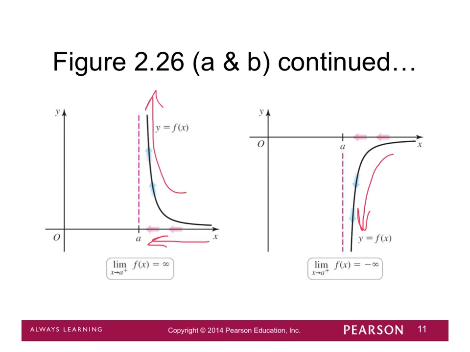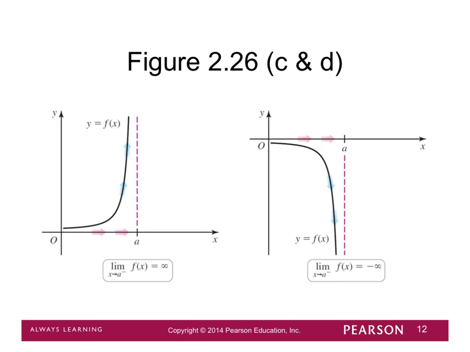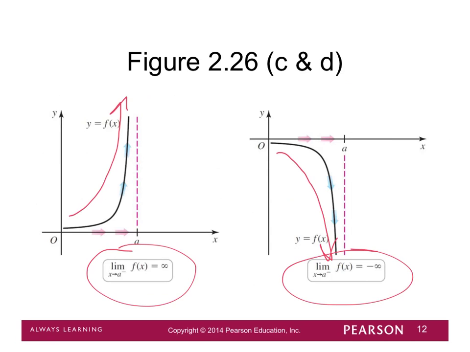And so we say the function approaches positive infinity in this situation, and it approaches negative infinity in this situation. And the same thing goes as we approach from the left. As we approach a, we're getting positively huge, and over here, as we approach a, we get negatively huge. So we say the one-sided left-handed limit is approaching either positive infinity or negative infinity.